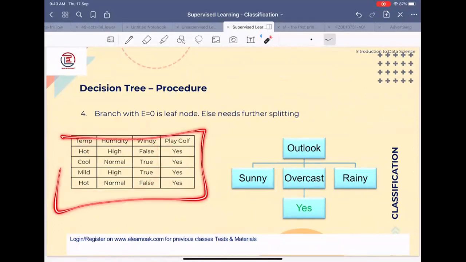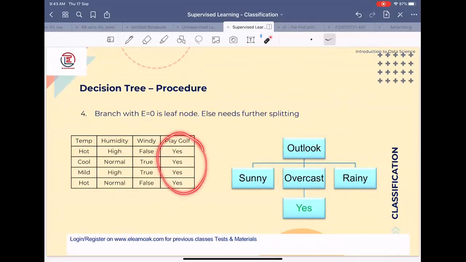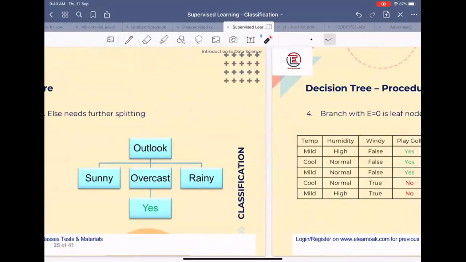This becomes your data. For this data, we now evaluate the entropy. Since we have all 4 as yes, the entropy is 0. Since the entropy is 0, this is a leaf node. We don't need to further split. We give the value yes, and we stop splitting overcast.